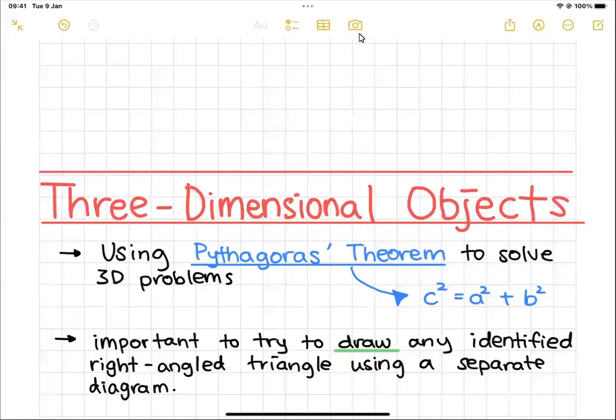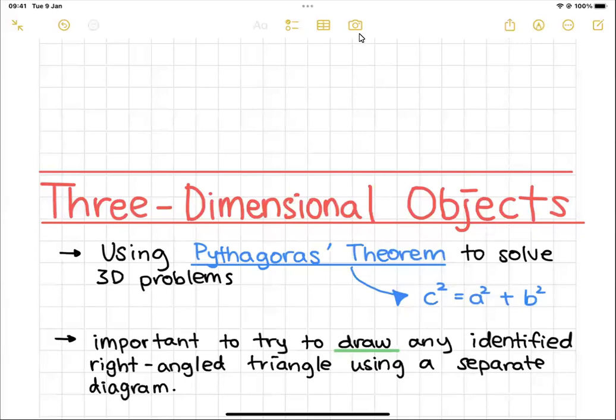Welcome back. Today we are going to delve deep into three-dimensional objects, or 3D objects. We're going to use the skills that we learned in the last video, which is SOHCAHTOA, to help us solve 3D problems. I've got two dot points here. The first one is using Pythagoras theorem to solve 3D problems.